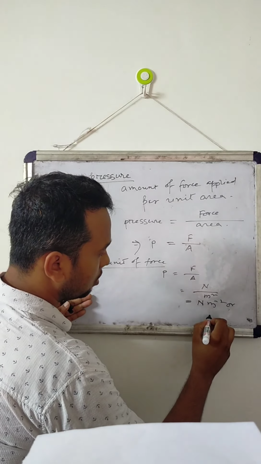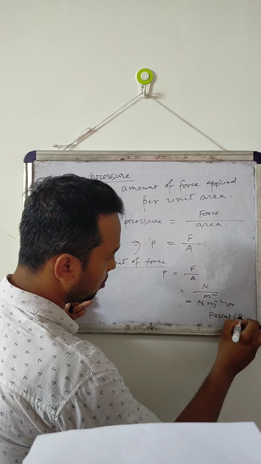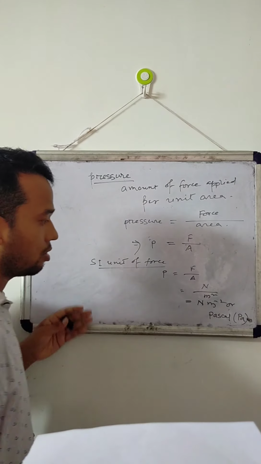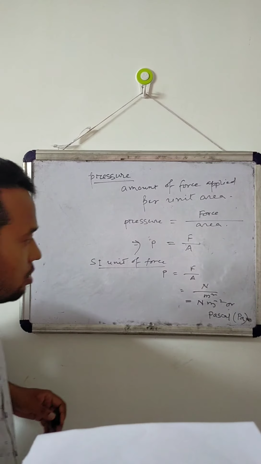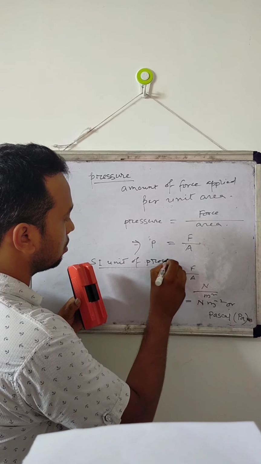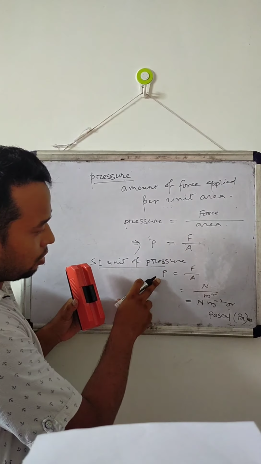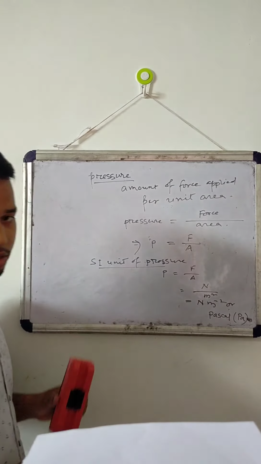This quantity is also called Pascal. It is represented as Pa. That means the SI unit of pressure, P, is Newton per meter square or Pascal.